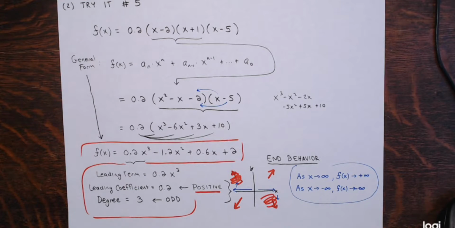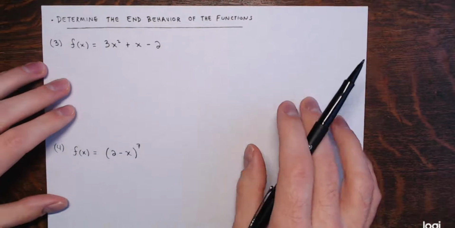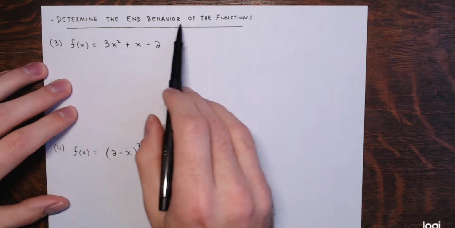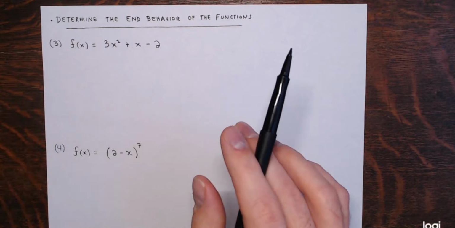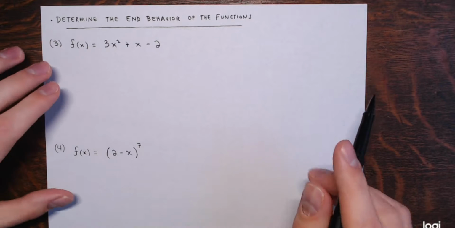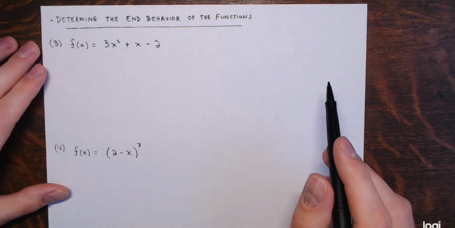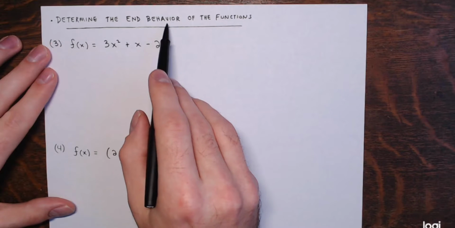All right, so for the next examples, we're now just, again, given a function and asked to determine the end behavior. The functions we're given are polynomial functions. And all we need to do to determine the end behavior is know what the leading term is.